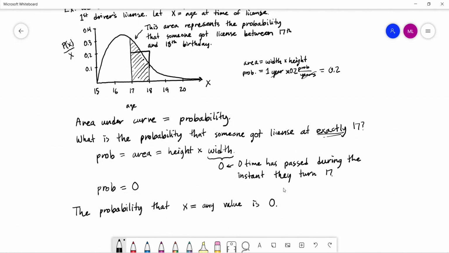And so we're finding a weird way to combine an infinite number of single instants in time, each of which individually has a probability 0 of being the time that this person got their driver's license, but which somehow add up to some finite value, in this case, 0.2. So it's very, very weird. We're adding an infinite number of zeros, essentially.